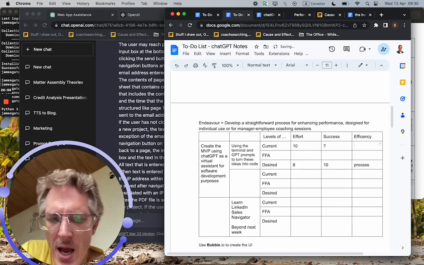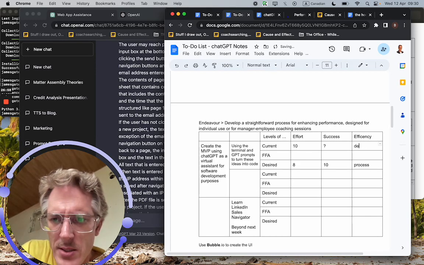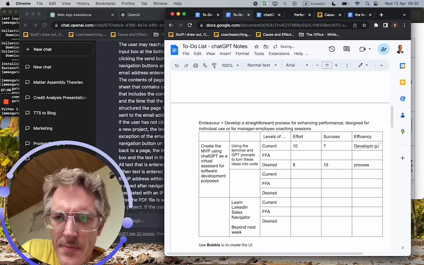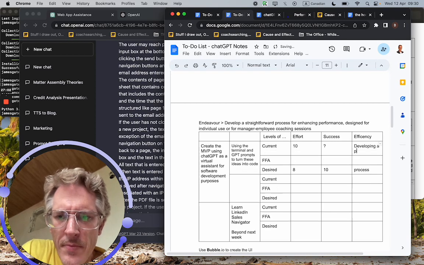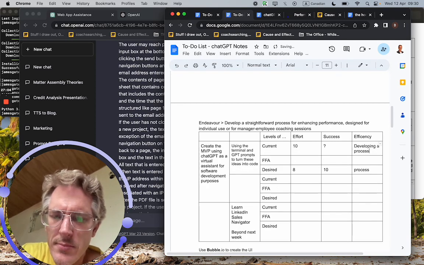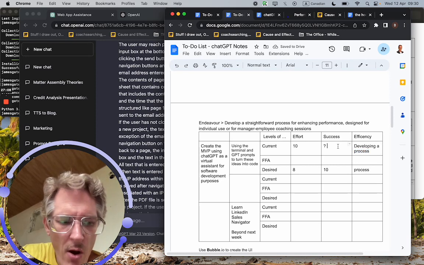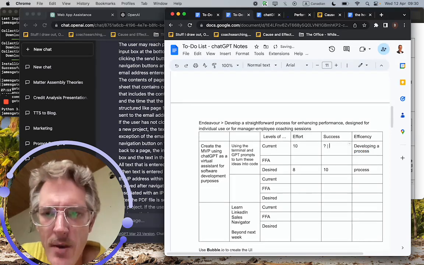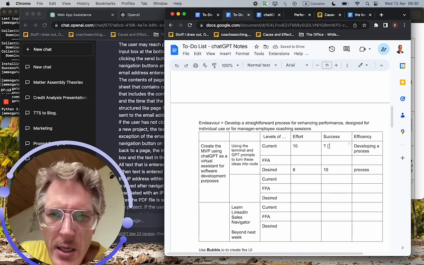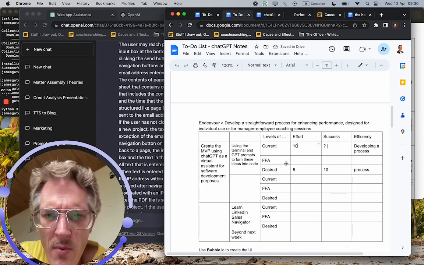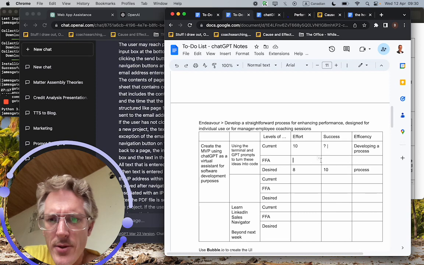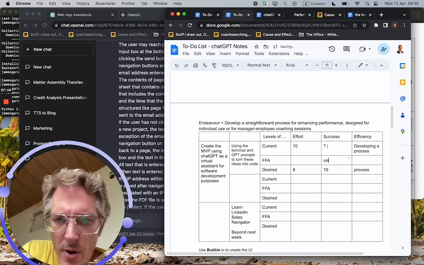But the problem is that now I don't know the process, so I'm developing a process. That's the issue, because I don't know if there's going to be some kind of obstacle that is insurmountable in this process. So I'm trying really, really hard. Force field analysis. So, like I just said, unknown obstacles.